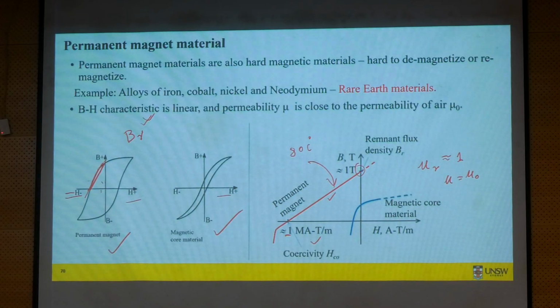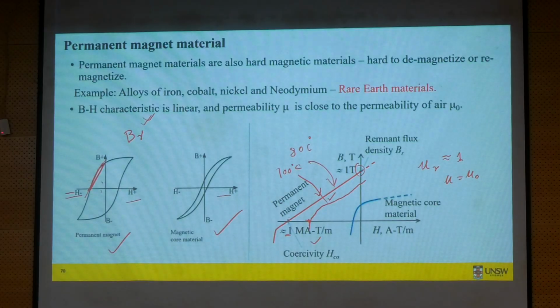So if your magnet temperature goes above 80 degrees, let's say 100 or 120 degrees, this point will move to a lower value. So the characteristic will start to look like this. This is for a higher temperature, let's say at 100 degrees C.